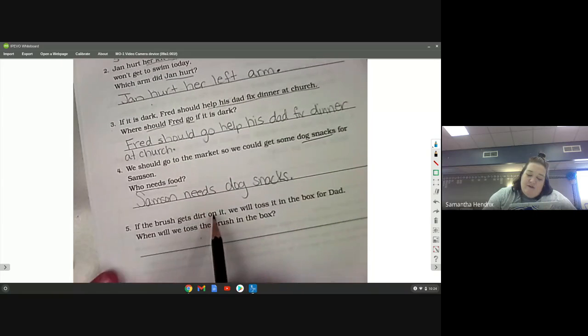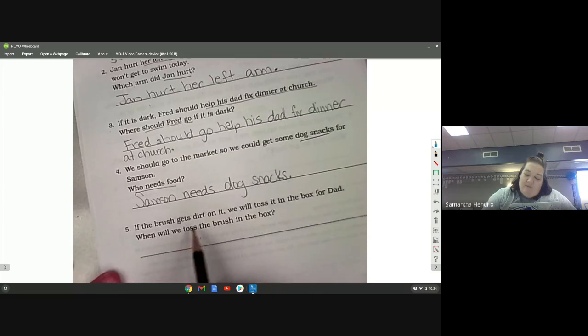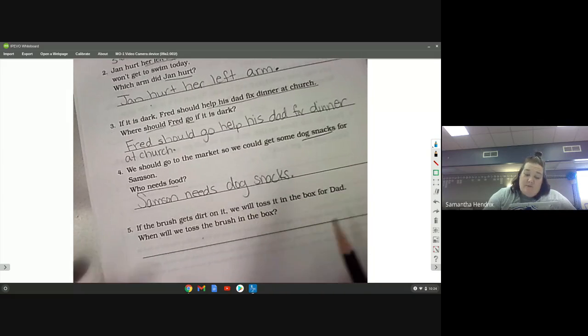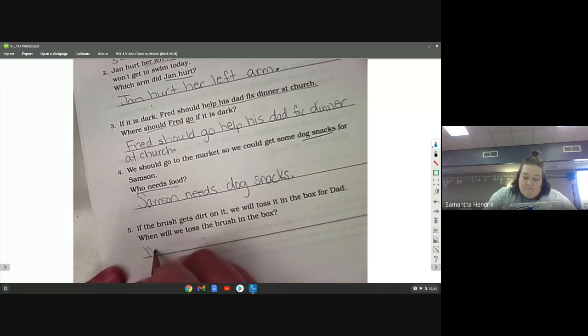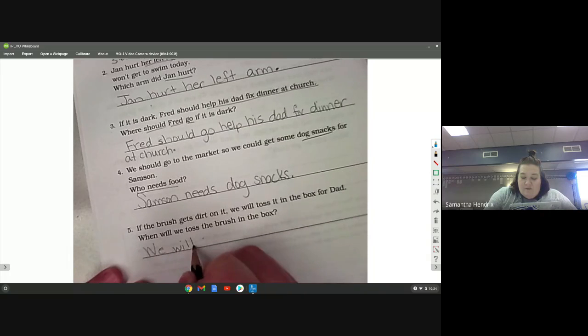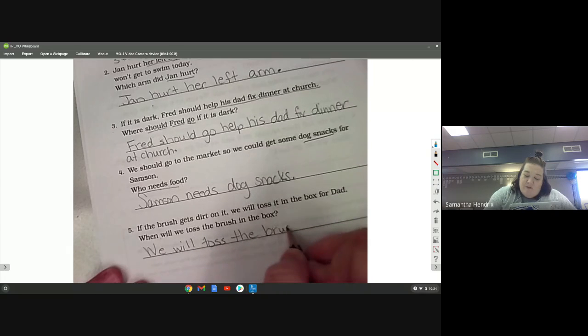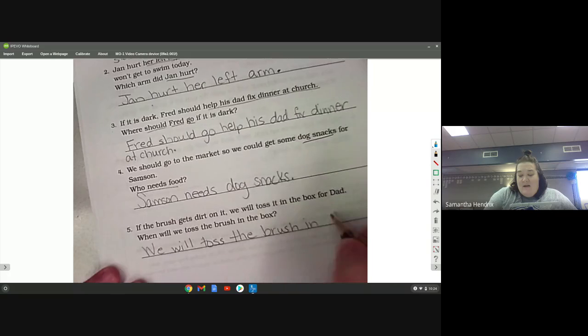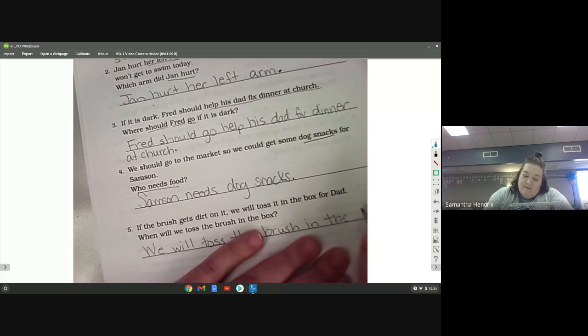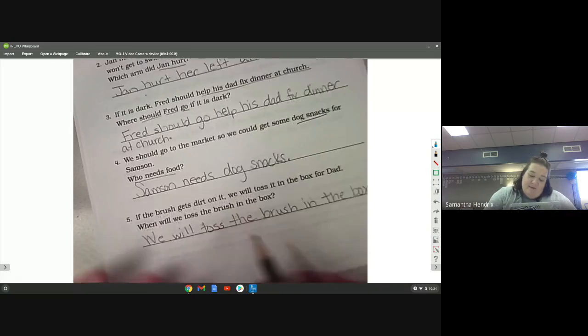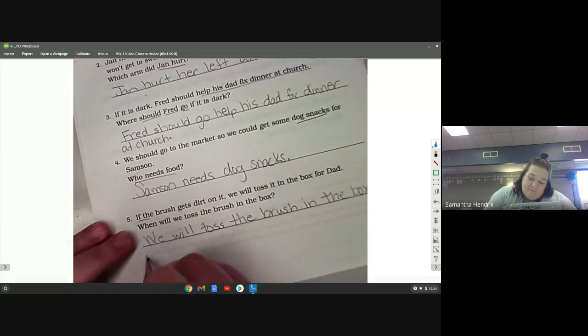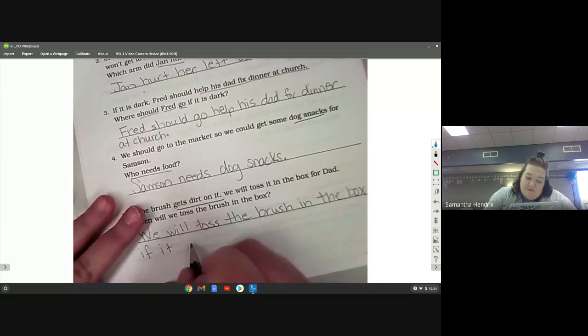If the brush gets dirt on it, we will toss it in the box for Dad. When will we toss the brush in the box? So we're going to write, we will toss the brush in the box, wrap it around, if it gets dirt on it.